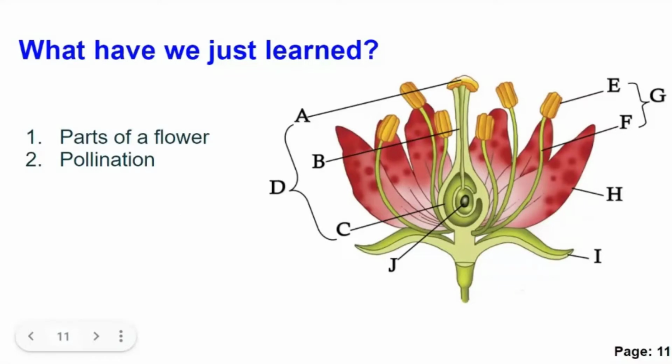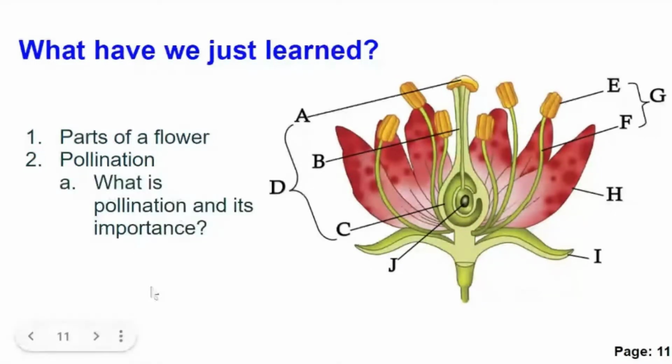Pollination is the transfer of pollen grains from which part? From the anther to the stigma. Okay. We also learned about the importance of pollination. What is the importance of pollination?